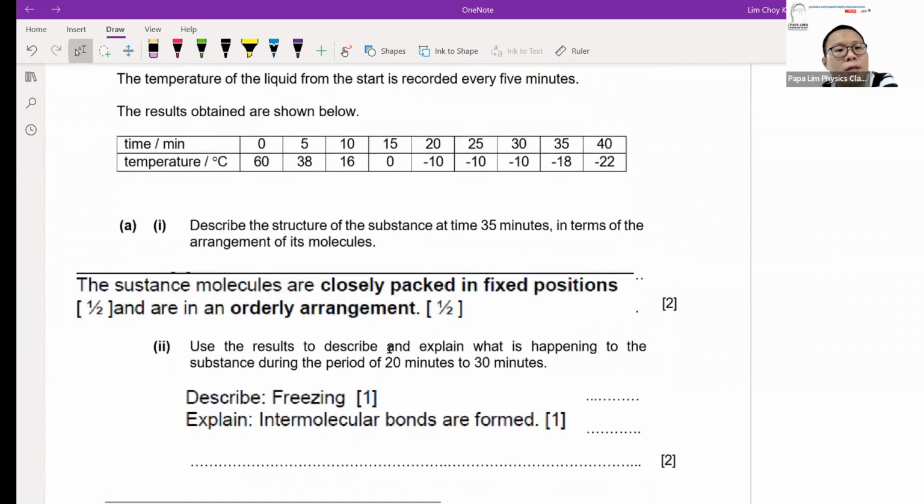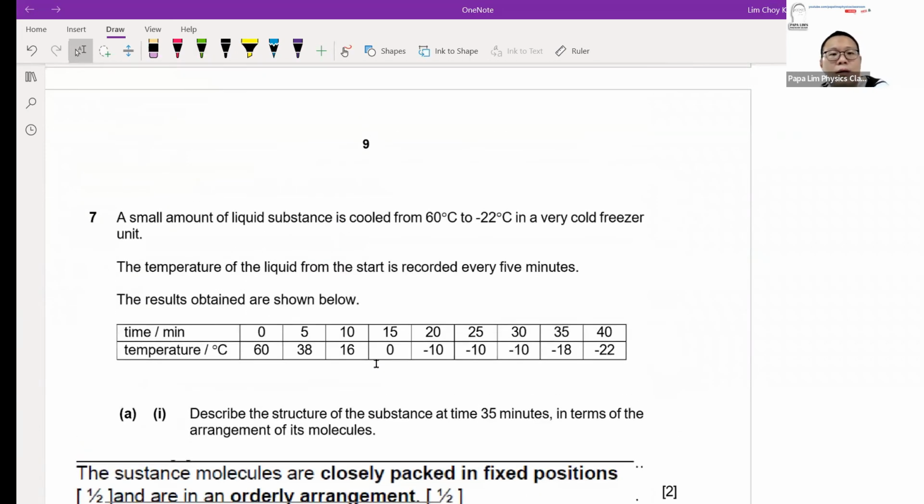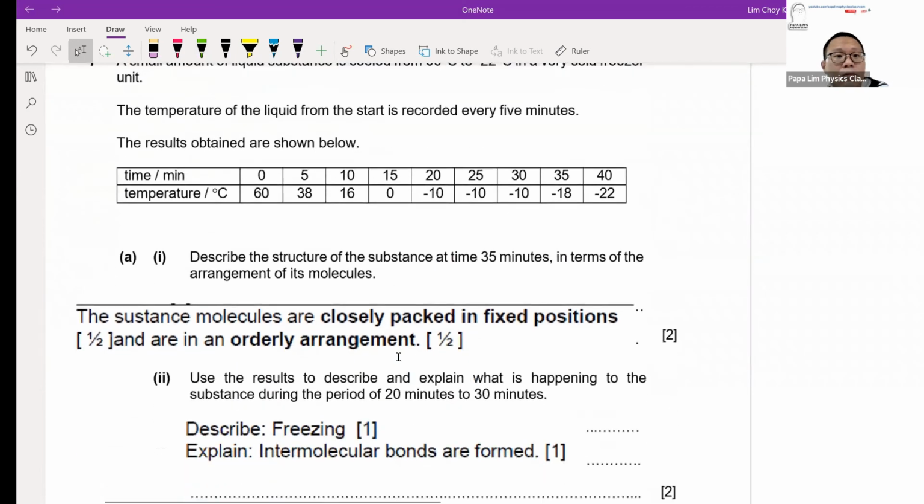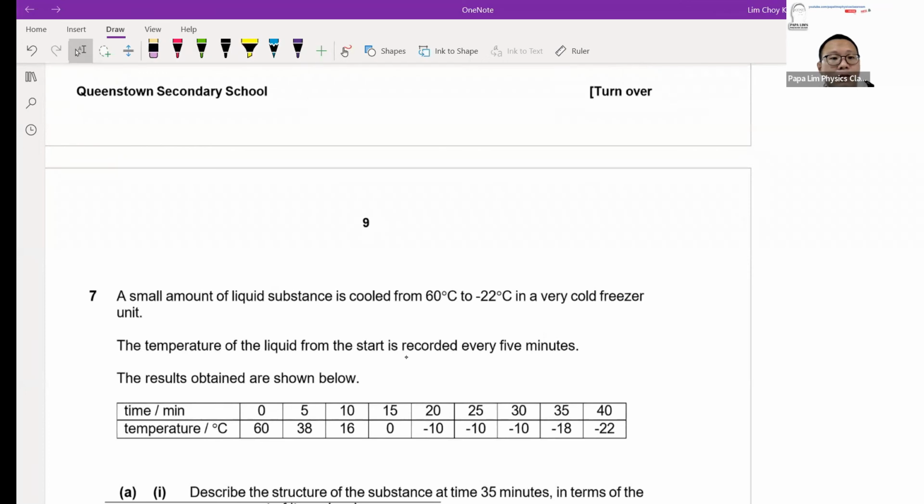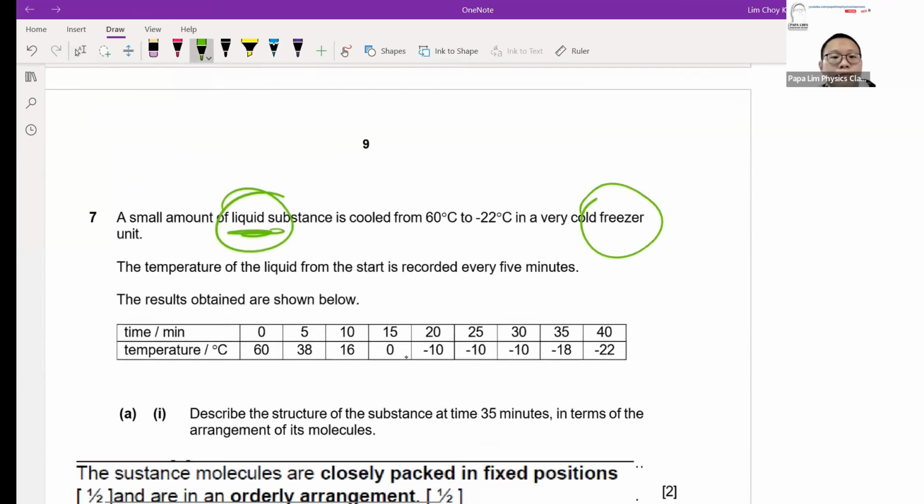Question 7, the amount of liquid freezing from 60 degrees to negative 22 degrees in the freezing unit, so the numbers are here. Take note, you start off as a liquid, you freeze.